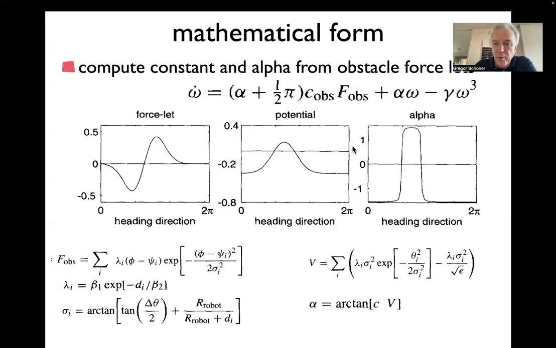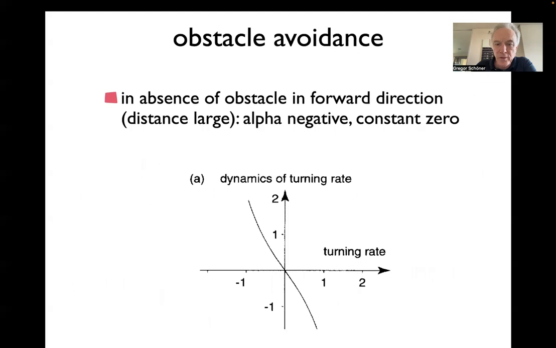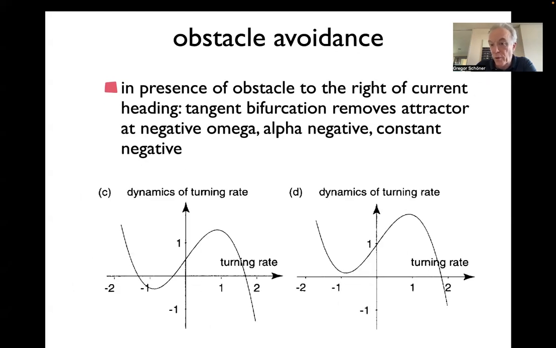So when we've done the sigmoid, then we have this part where we want to avoid the direction because there's an obstacle somewhere here in the middle, and that's literally the alpha we'll use. So we'll make the alpha positive and therefore destabilize going straight whenever our heading direction falls into that. And then everywhere else we have a negative value. This is negative, and then we'll be back to this form, just an attractor going straight.